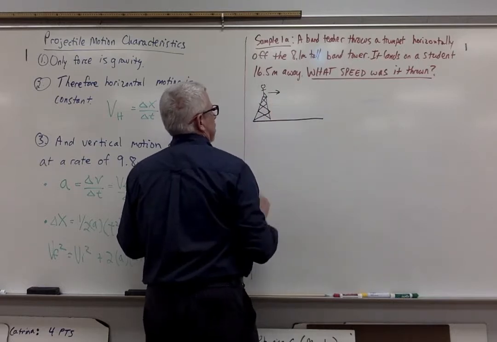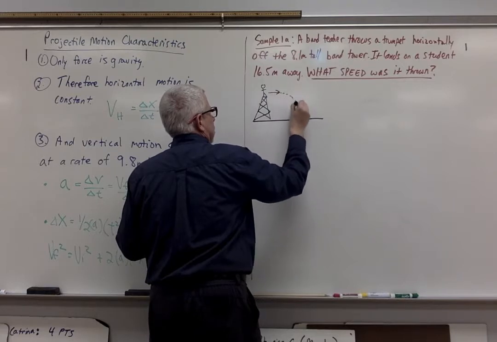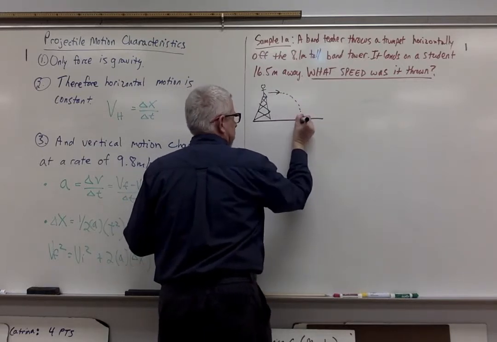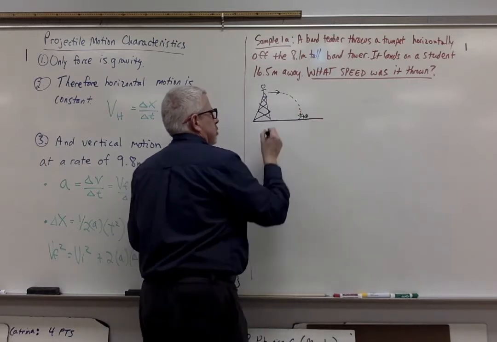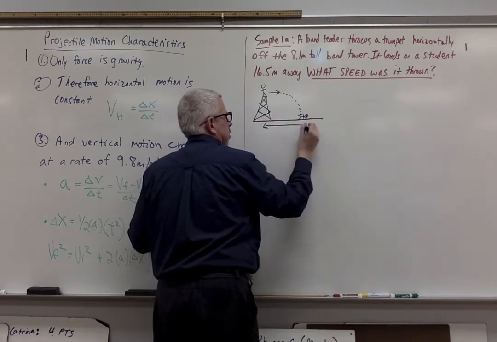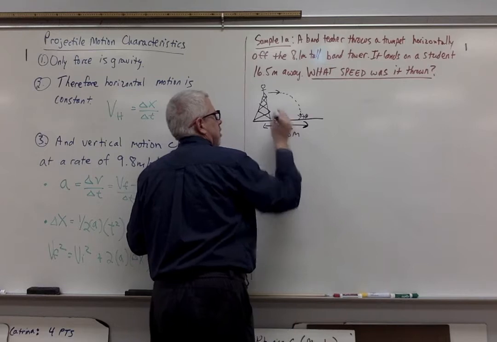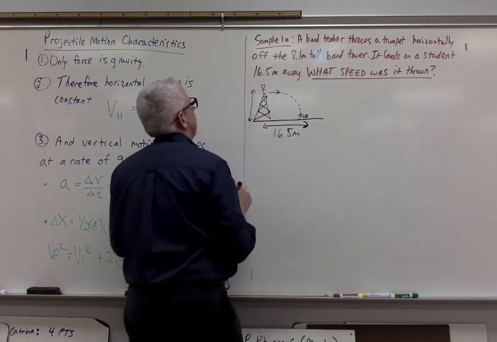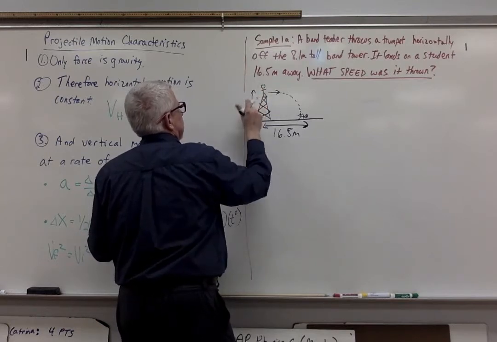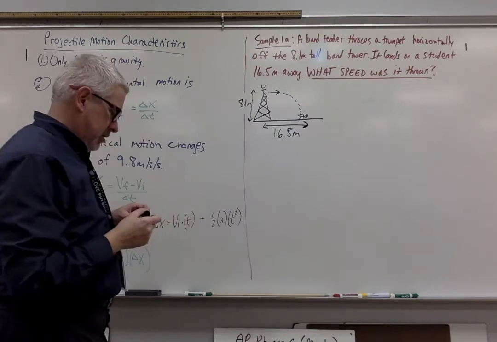Throwing a trumpet, so it's going to land on a student over here. Oh no, they're impaled. So this distance, 16.5 meters, this height, and I did not draw it to scale, 8.1 meters.